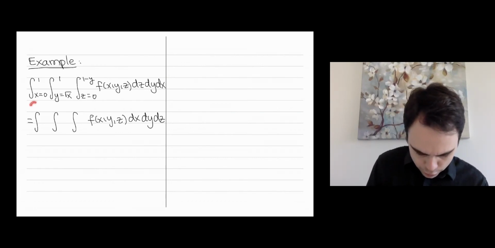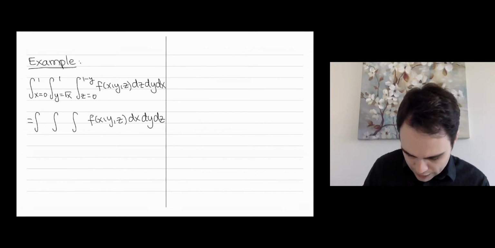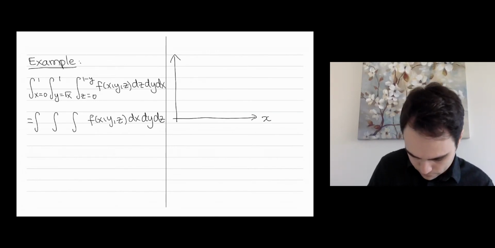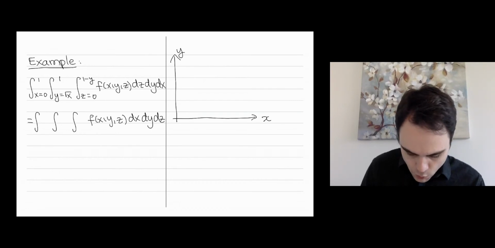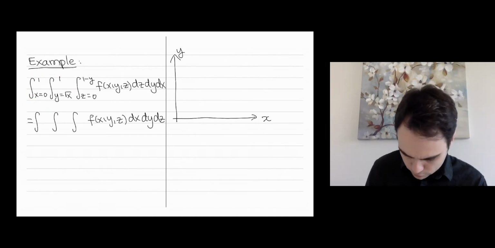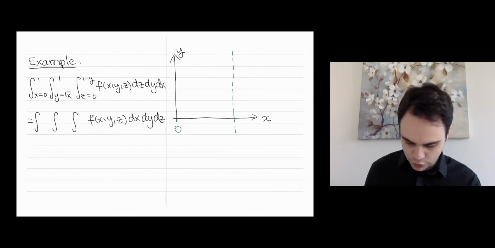So first, the projection, and I get this from the two outer integrals. The projection onto the xy plane is going to look something like this. Okay, so I know that this whole projection has x between 0 and 1. So x goes from 0 to 1 for this projection.